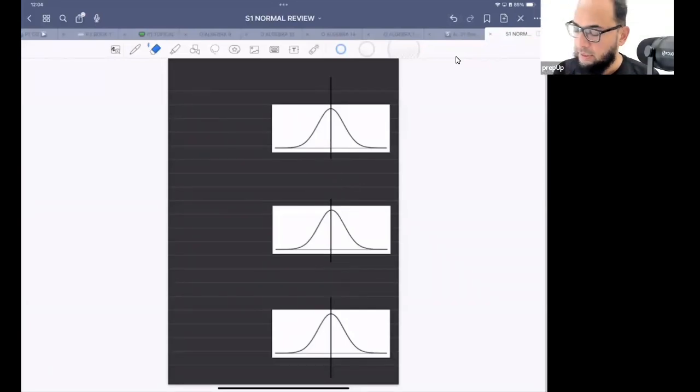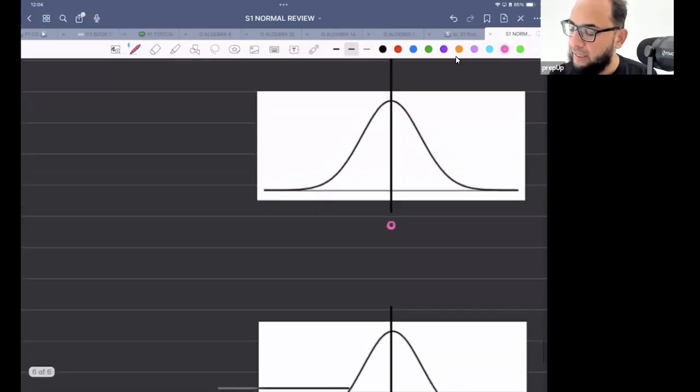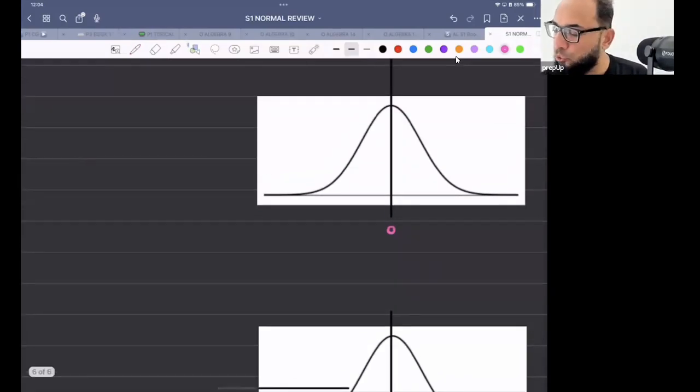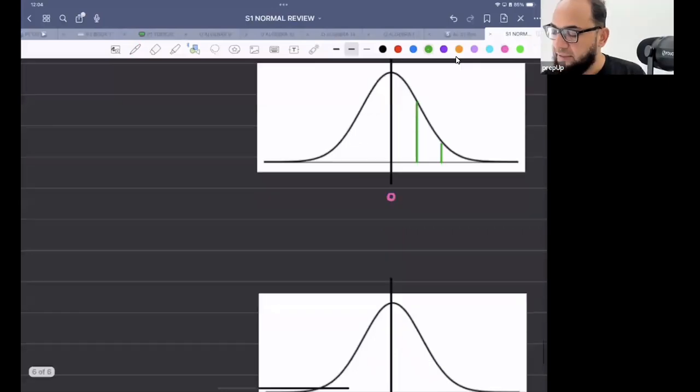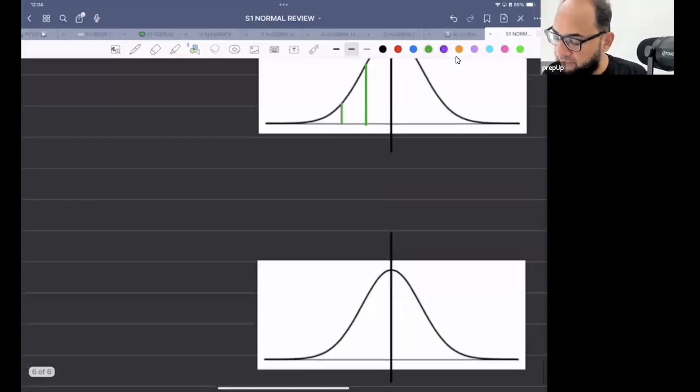And then let me mark some values. Let me make it bigger. This is 0. And let me mark two values over here. Let's say one value is like this and the other value is like this. Similarly, one value is like this, the other like this. Similarly, one value is on this side and the other on this side.